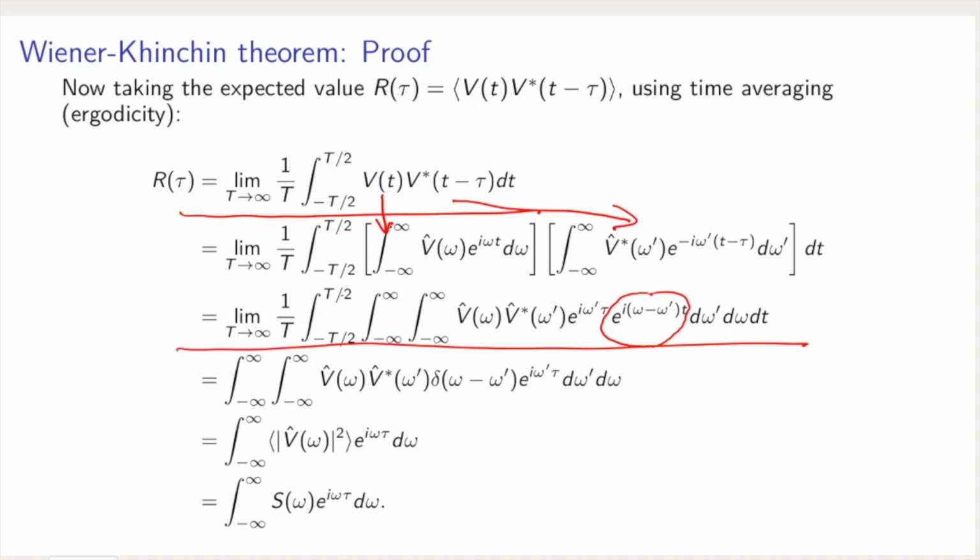Now, if we combine this integral operator over time with this complex exponential, we can convert this into a Dirac delta. Now when we integrate over d omega prime, we are essentially selecting the values where omega equals omega prime.